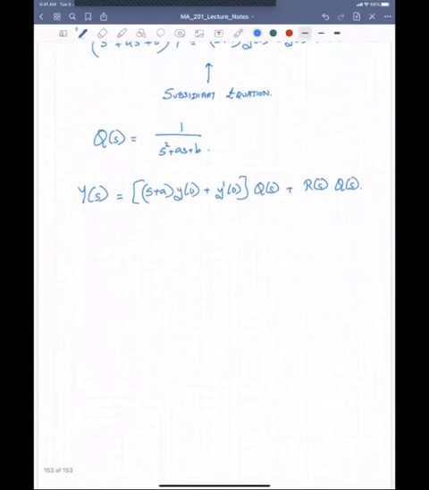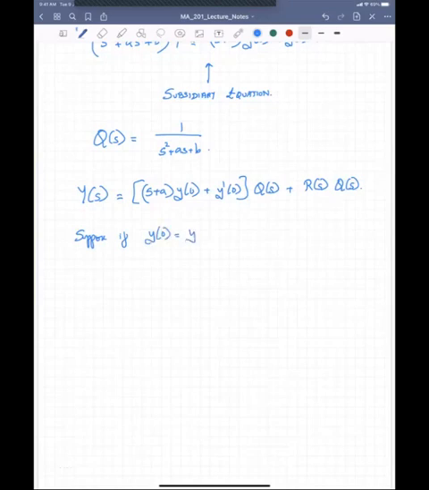So something nice happens if y and y prime at t equal to 0 are 0. Suppose y at 0 equals y prime at 0 equals 0, the kind of problem that we just worked out, then it turns out that Y of s is basically R of s times Q of s. Okay, or this tells you that Q is Y over R. What is Y?